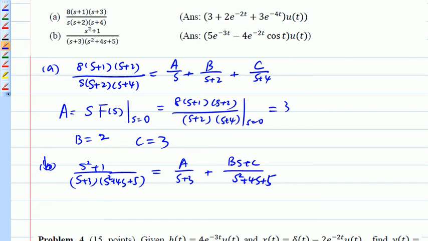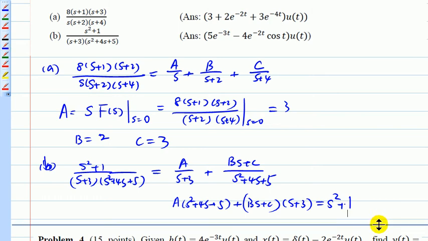So that's how you're going to get it, and then you compare coefficients to solve for A, B, C. The numerator on this side is s squared plus 1, and on the other side it is A times s squared plus 4s plus 5 plus Bs plus C times s plus 3, equal to s squared plus 1. So compare coefficients, group all the terms for s squared and s, and solve for A and B.